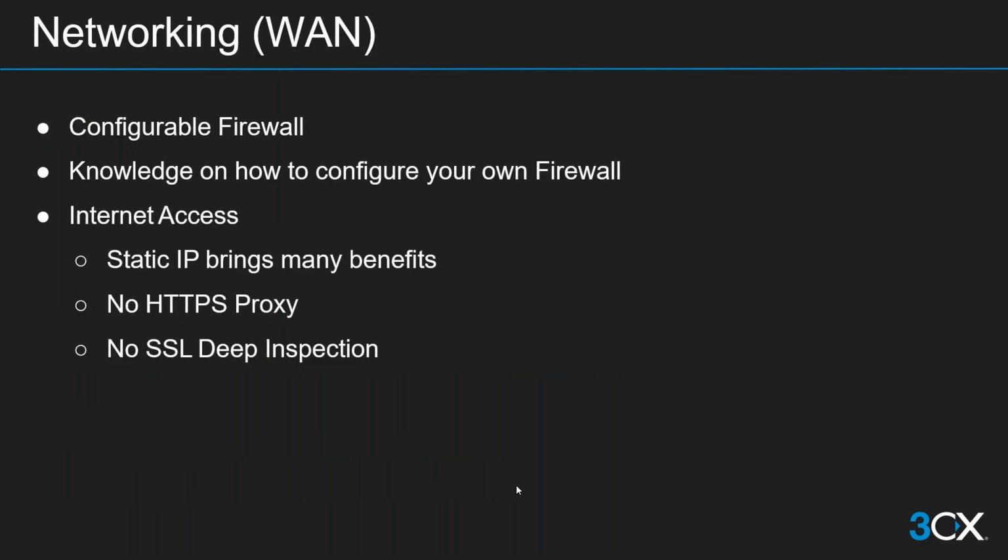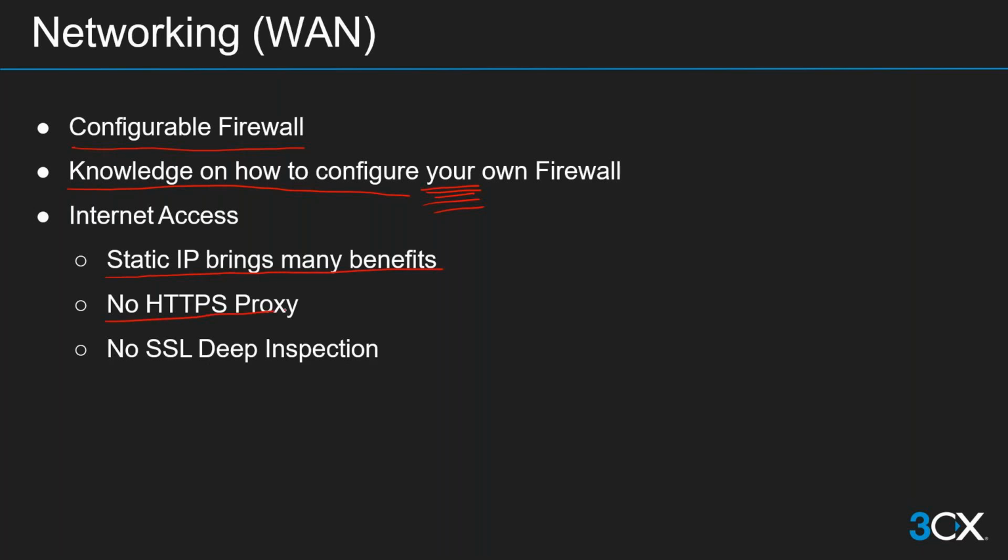On the WAN side, we require a configurable firewall. We need to have the knowledge on how to configure. So not we, you need to know how to configure your own firewall. It is achievable to have a static IP address on the WAN side.